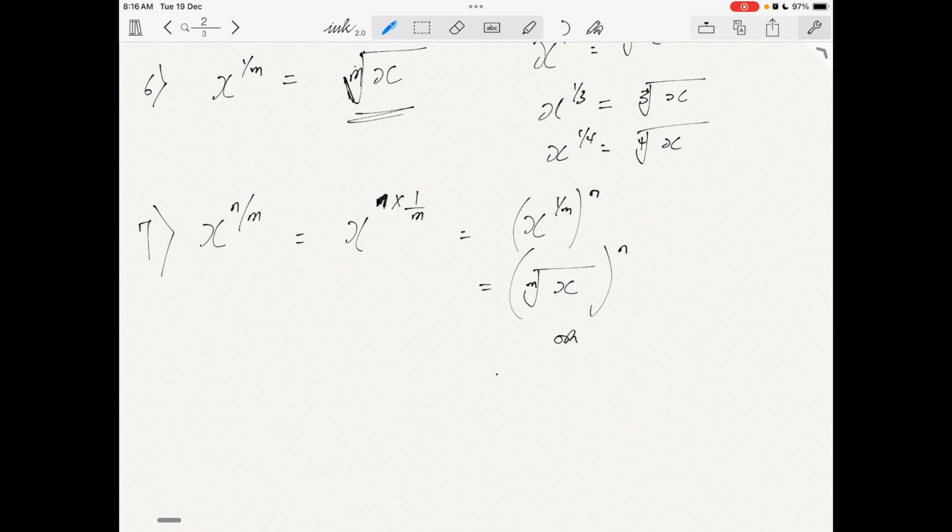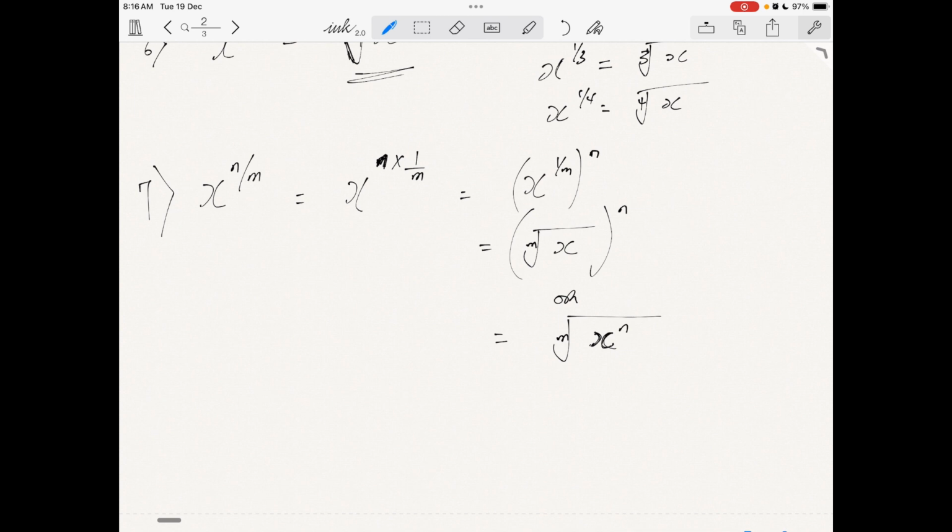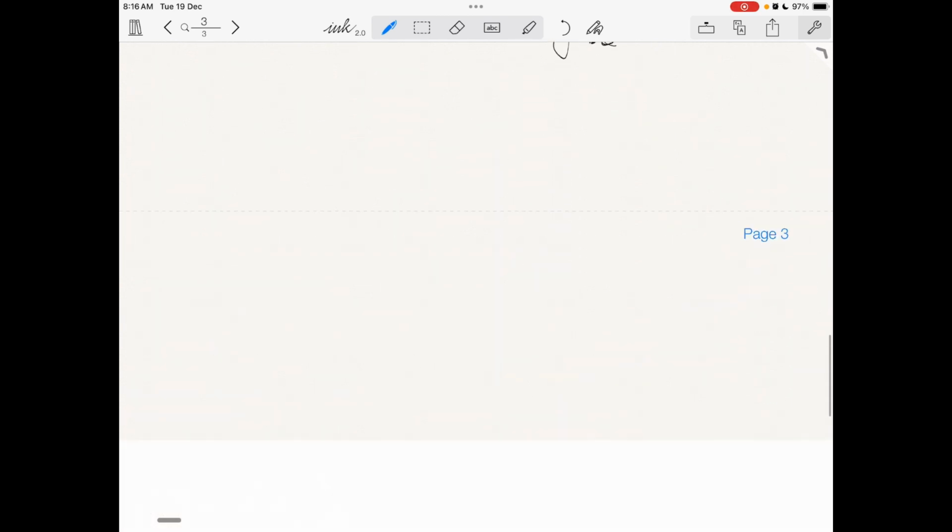Or you can also write it as the mth root of x raised to the power n, like that. So this process continues. So let's try and recap all the rules that we've established so far.